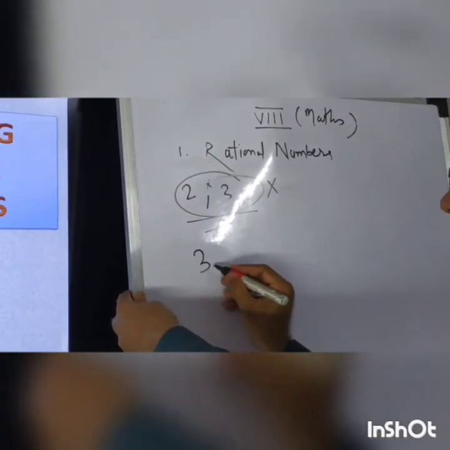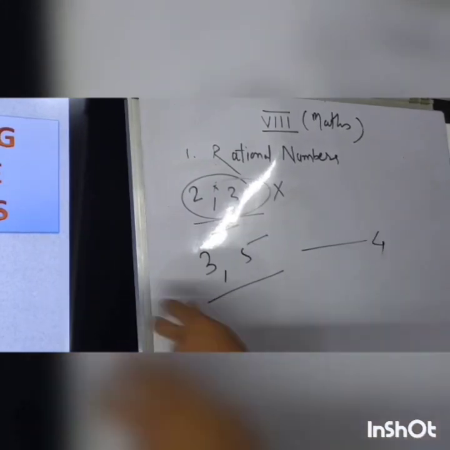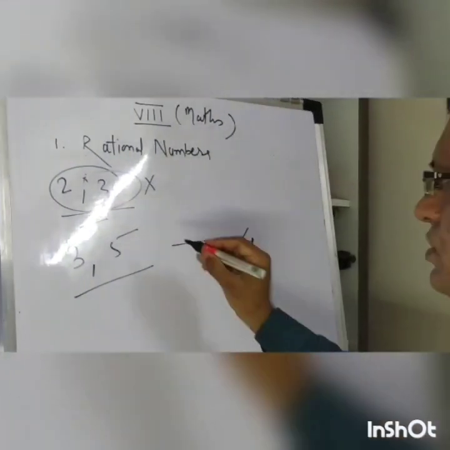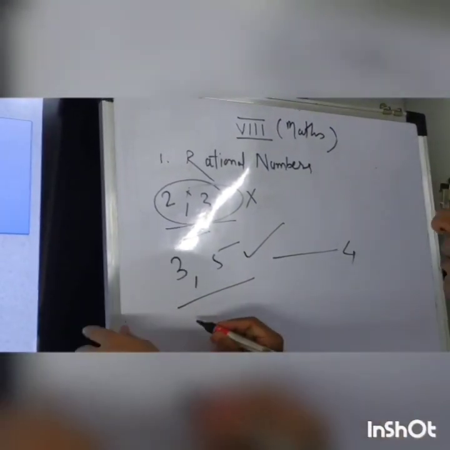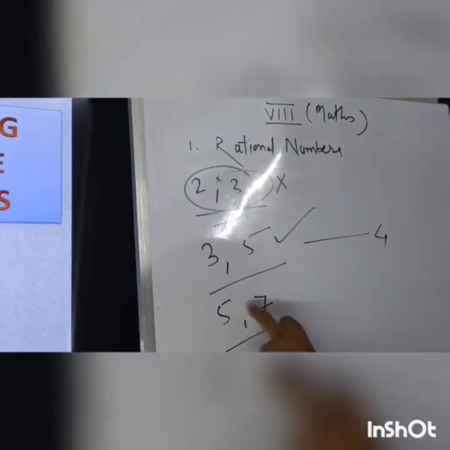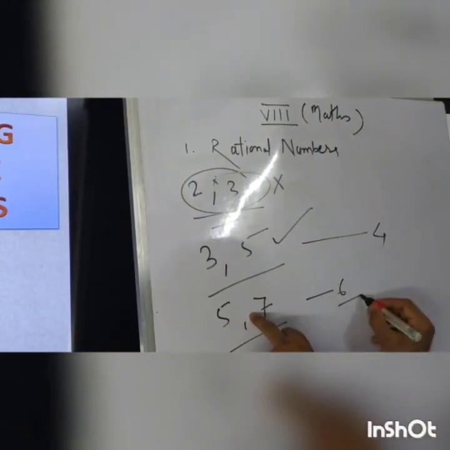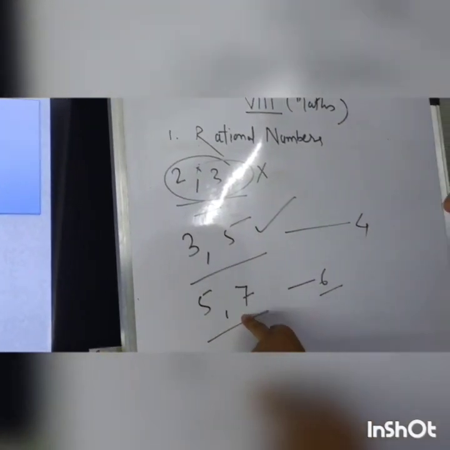Let us say 3 and 5. 3 and 5 have 4 between them as a composite number. So 3 and 5 is the first pair of twin primes. 5 and 7 are prime numbers, and between 5 and 7 there is the composite number 6. That is why 5 and 7 is another pair of twin primes.